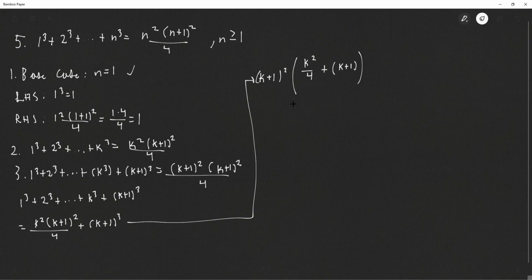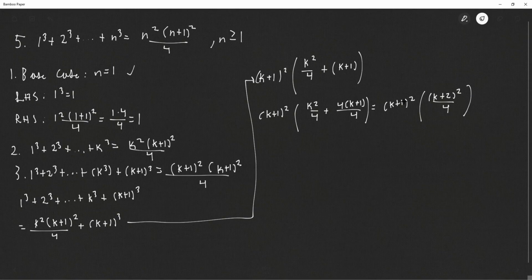And then simplifying the inside will give us k plus 1 squared all multiplied by, after you simplify, k squared over 4 plus 4 times k plus 1 over 4, which will give us k plus 1 squared multiplied by k plus 2 squared all divided by 4.